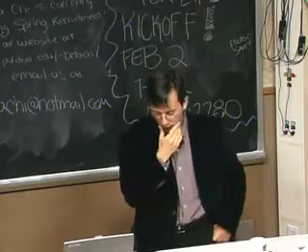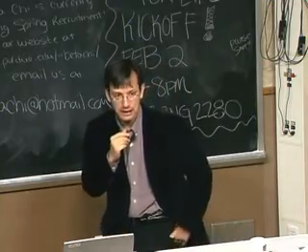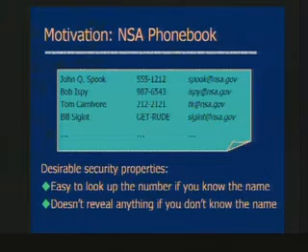The topic I'm going to be talking about is obfuscated databases. Let me try to give you a motivation for what I want to do. Suppose you have a phone book or an email directory which contains some sensitive information, and you want to control how people access it.